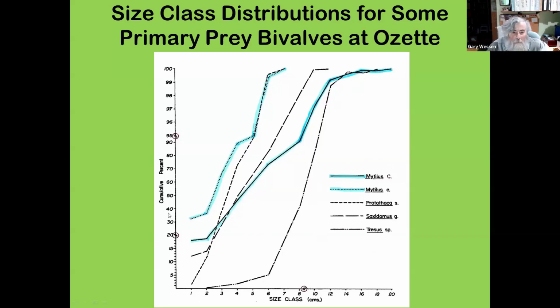Okay, looking at the bottom of the curve first, we see that the very small ones for mussels are a pretty high percentage. 1 centimeter California mussels are almost 20% of the curve. Blue mussels are more than 30%, the tiny ones. In contrast, for the butters, the steamers, and horse clams, the small ones are much, much lower percentages.